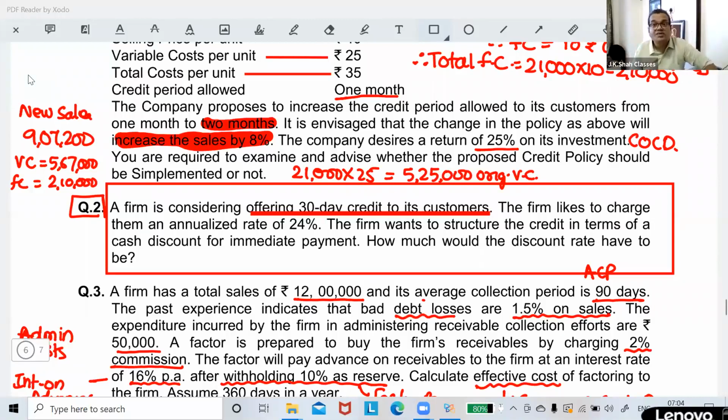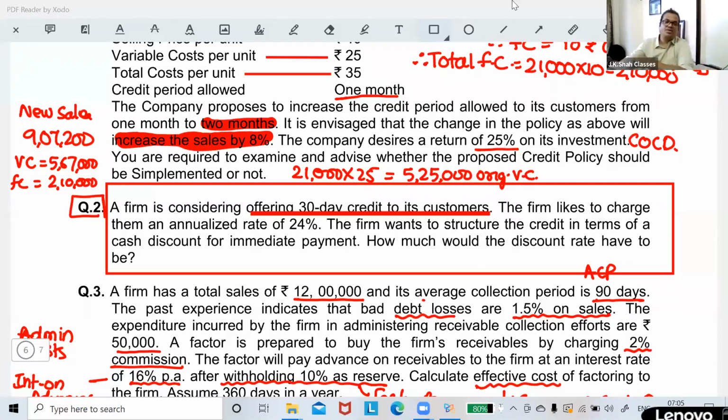Means what, friends? When I'm offering you 30 days credit, my pricing policy is such that I include 24% interest in it. You understood what I said?